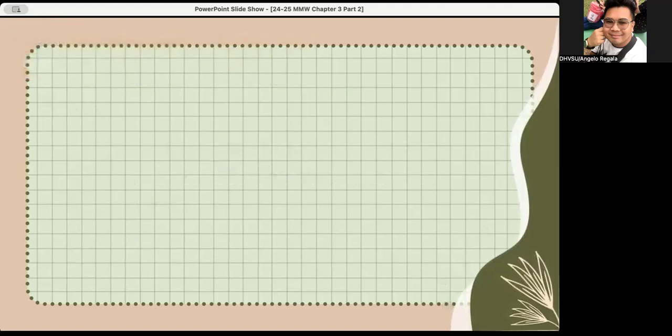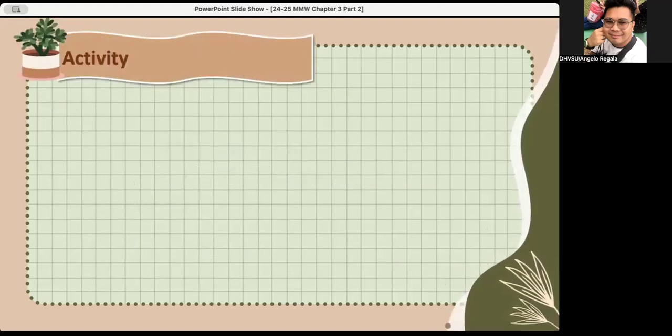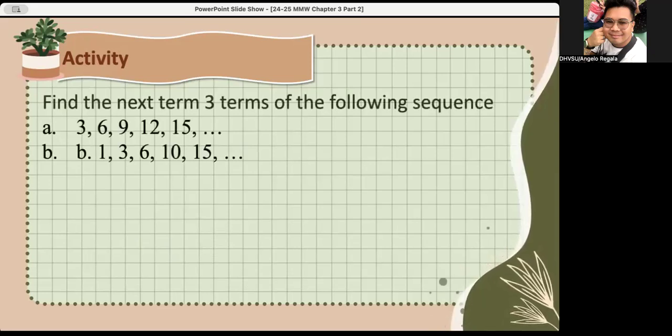As a challenge, I want you to find the next three terms of the following sequence. This will be your assignment.